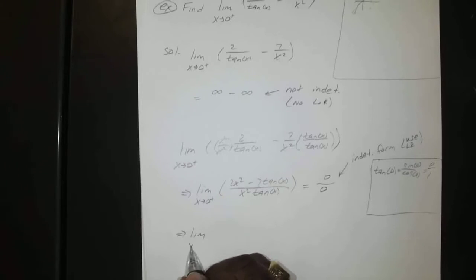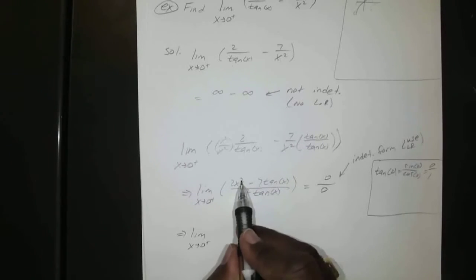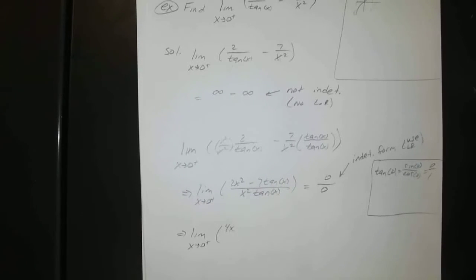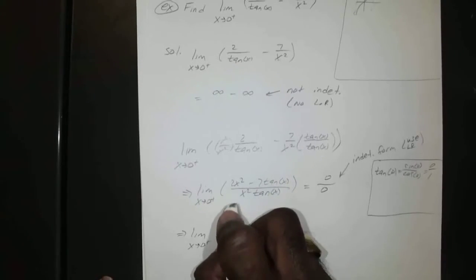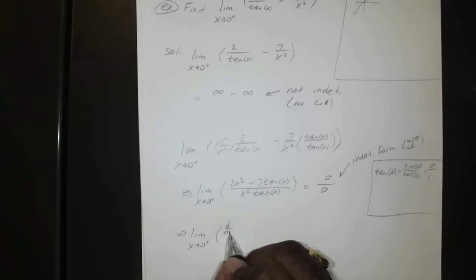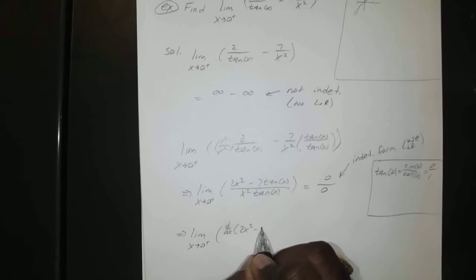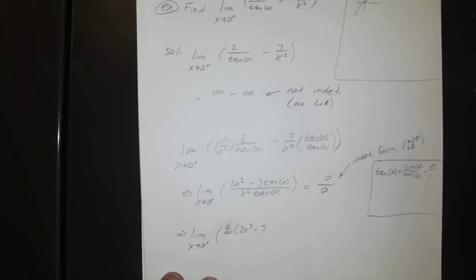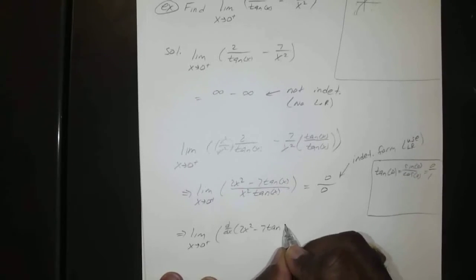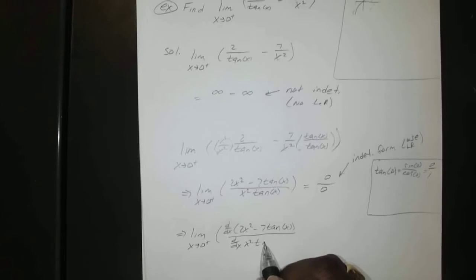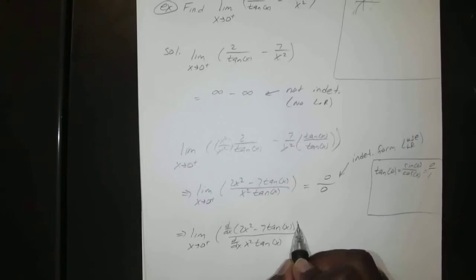So you have the limit as x approaches 0 from the right. Might as well write the derivative instead of skipping steps. So you have the derivative of 2x squared minus 7 tangent x over the derivative of x squared tangent x.